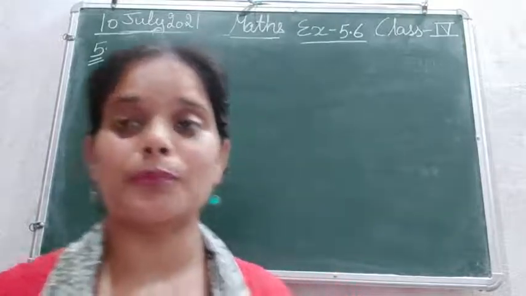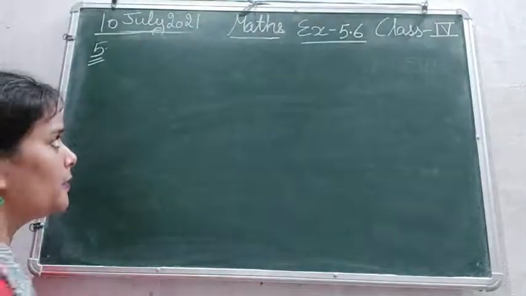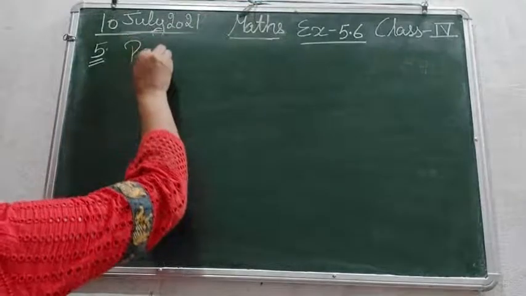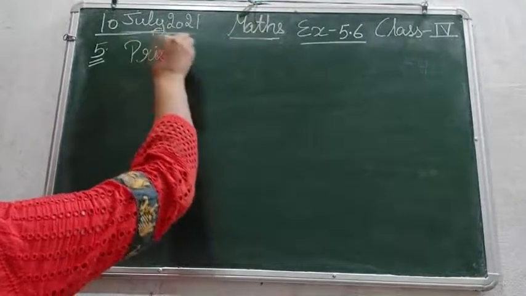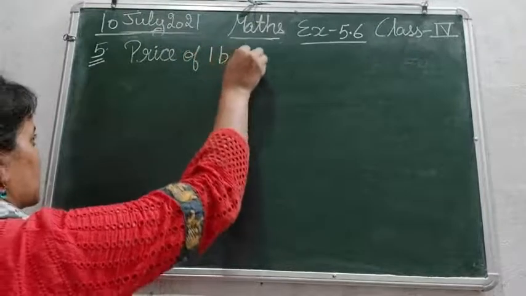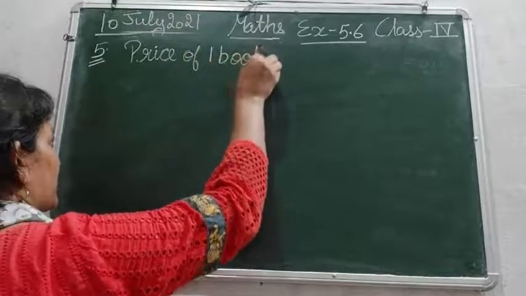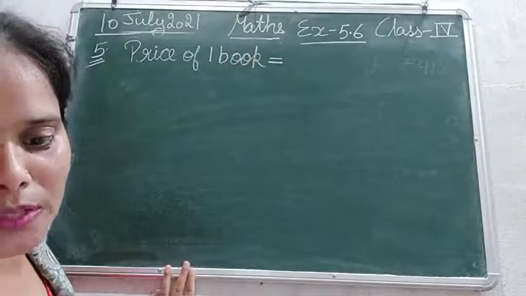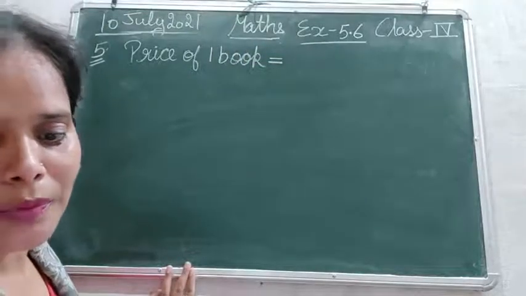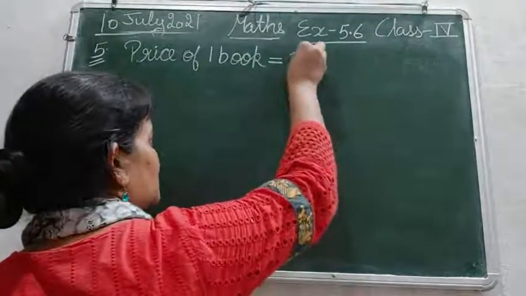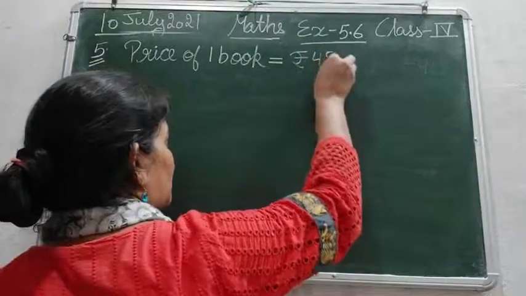So the price of one book is given. लिखिए, price of one book is equal to rupees 48.